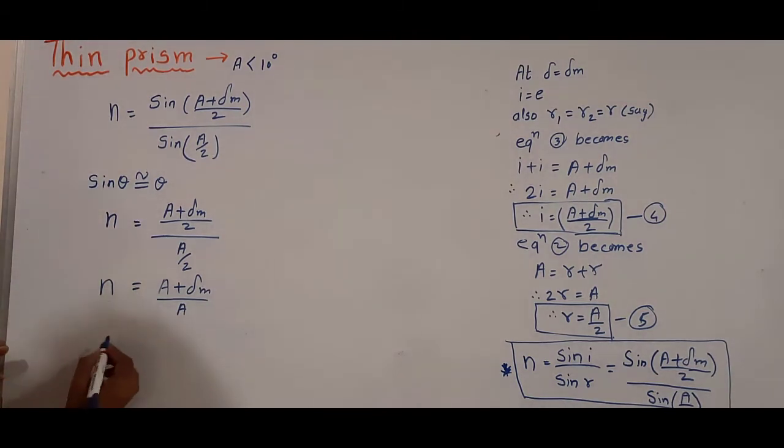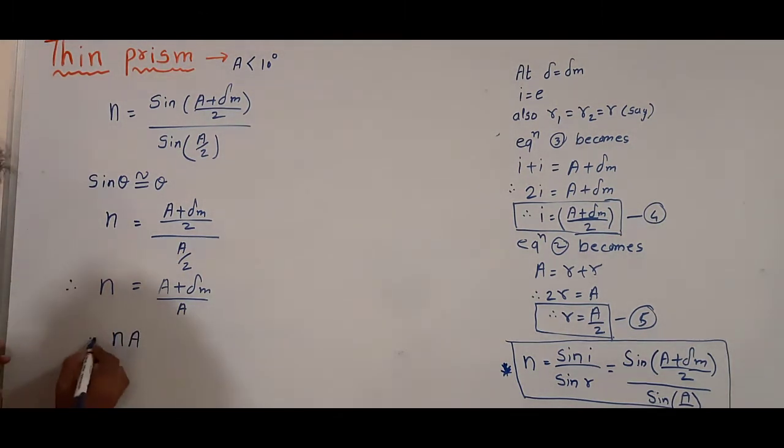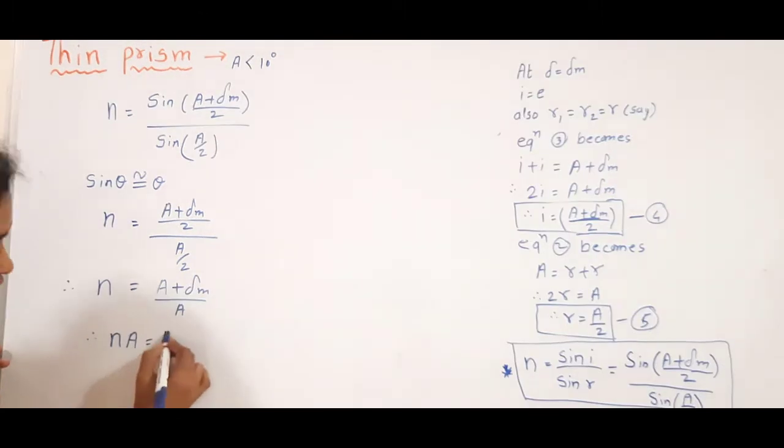We will write here n into A is equal to A plus delta m. Therefore, nA minus A is equal to delta m.